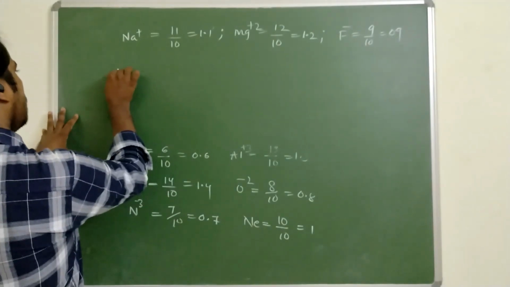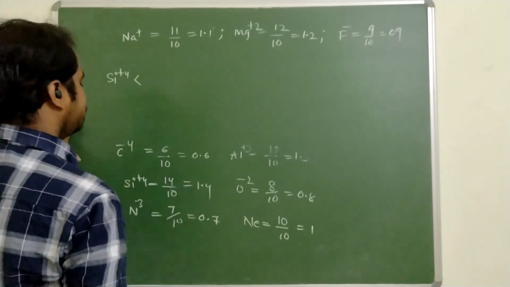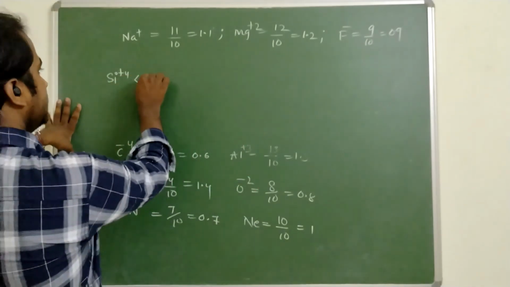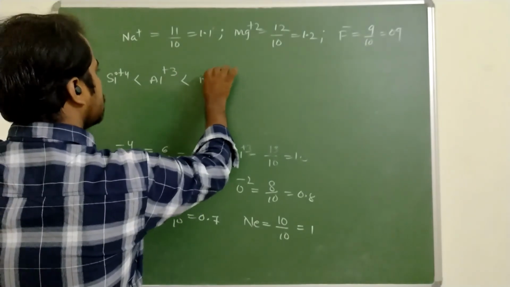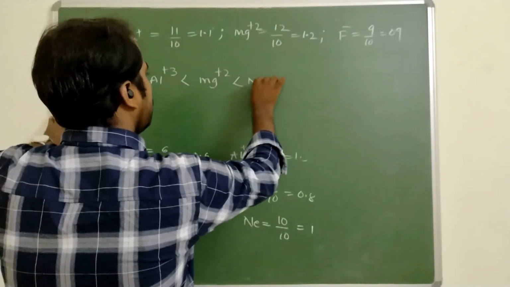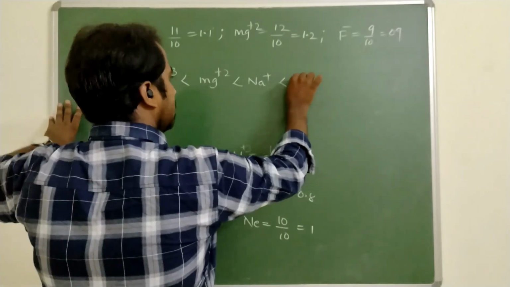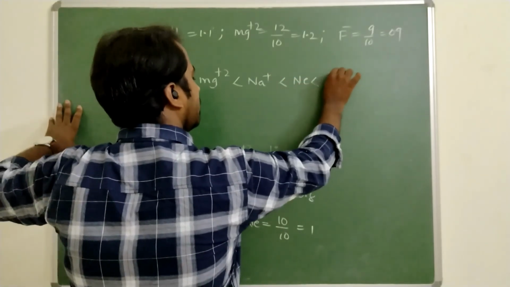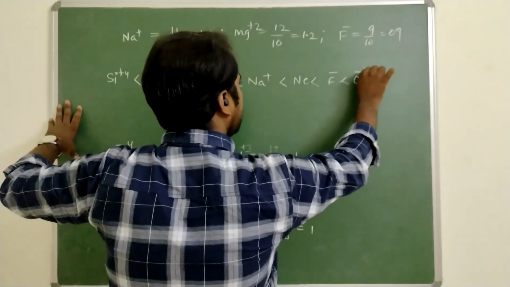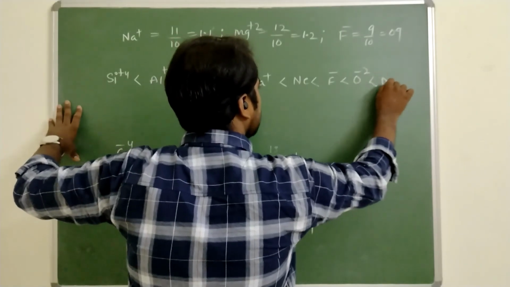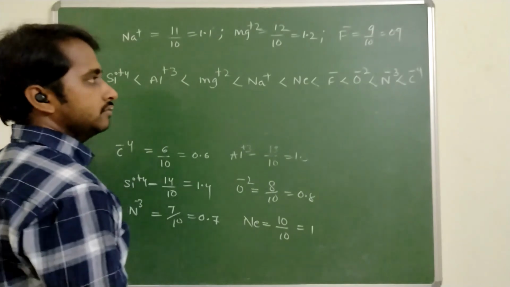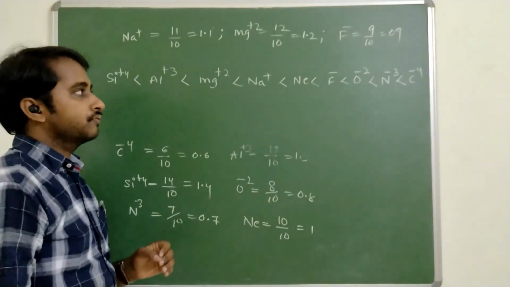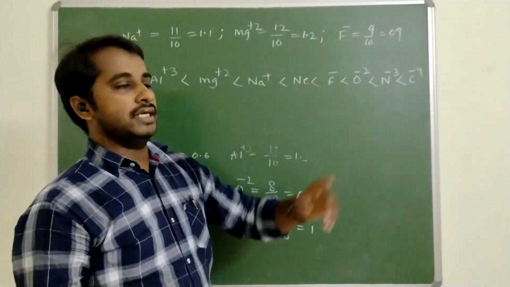So Si4+ is the least one, then Al3+, then Mg2+, then Na+, neon, F-, O2-, N3-, C4-. That is your answer, the increasing order of size.